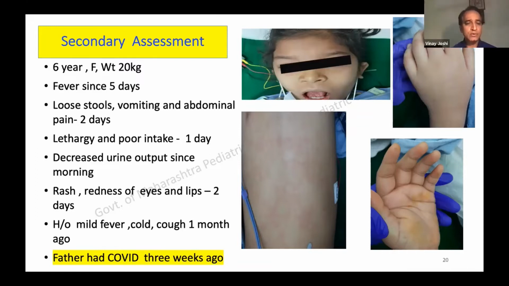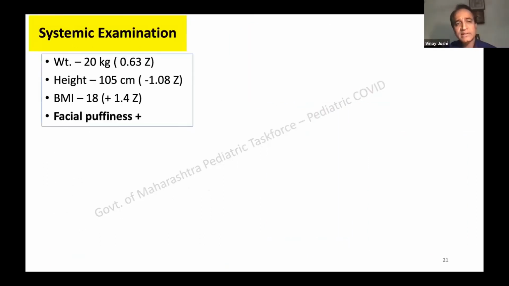The child has a rash over the body, redness of eyes and lips, and a history of mild fever, cold and cough 1 month ago. This is a very important history. And the father had COVID 3 weeks ago. So with this significant history of COVID-like symptoms 3 to 4 weeks ago, and the typical clinical findings, we come to the systemic exam where her weight is 20 kilos.